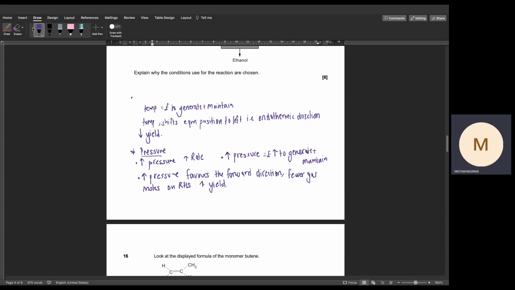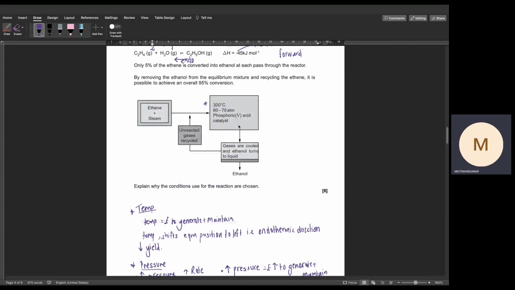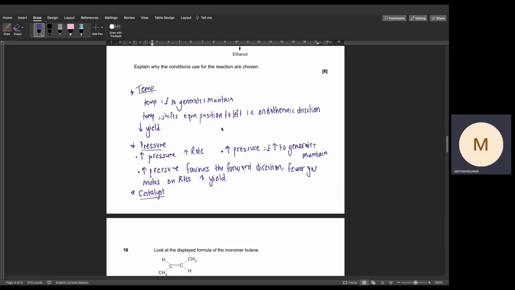Next, we can talk about the effect of a catalyst. A phosphoric acid catalyst is used. The catalyst has no impact on the equilibrium position. It does not affect how much product we make. It does not affect the yield. The only purpose is to increase the rate of reaction.